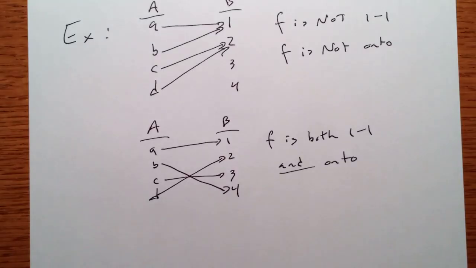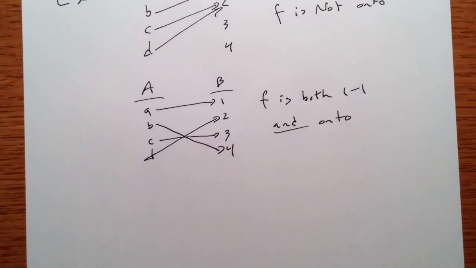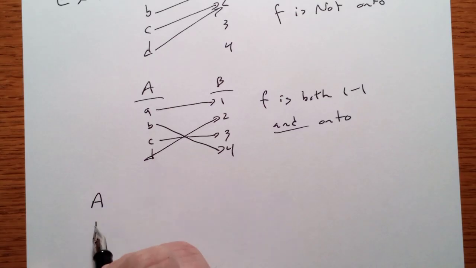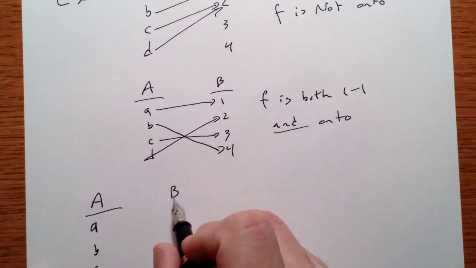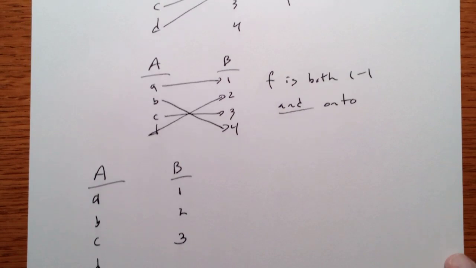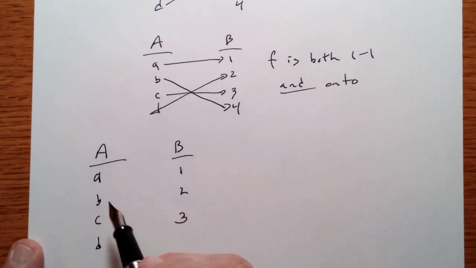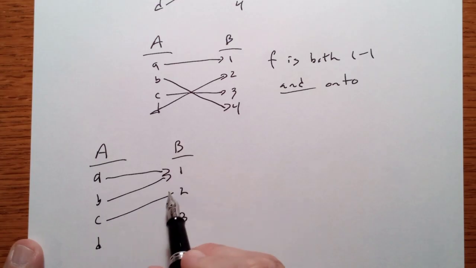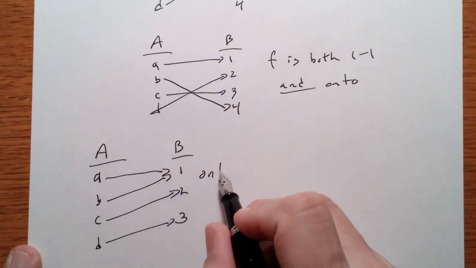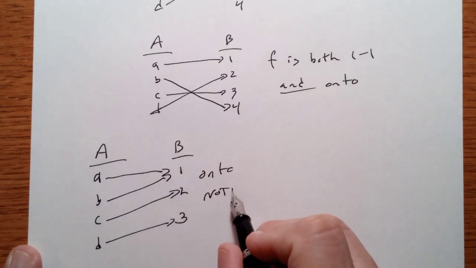If I change the sets a little, I can get one and not the other. Here's a new function. This function is onto and not one to one.